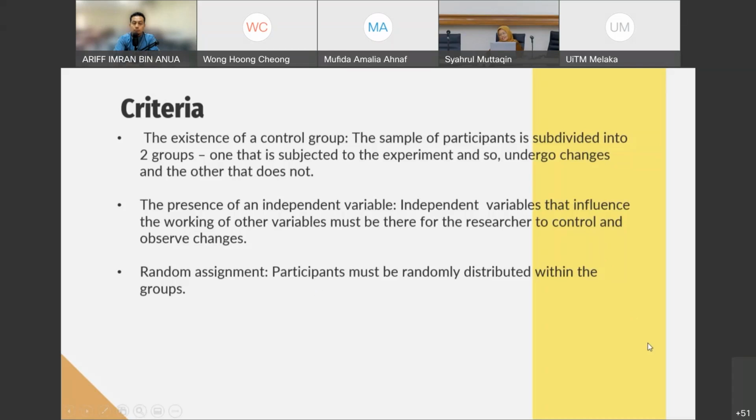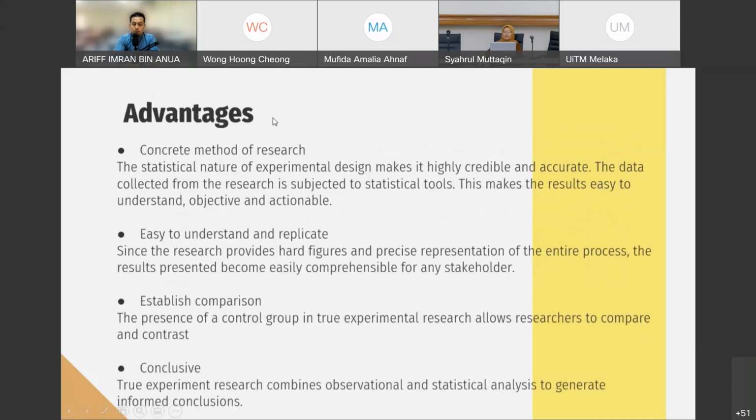And then what are the advantages of having true experimental research? Ladies and gentlemen, since the true experimental research is the most accurate research, so it has concrete method of research. It is easy to understand and replicate.